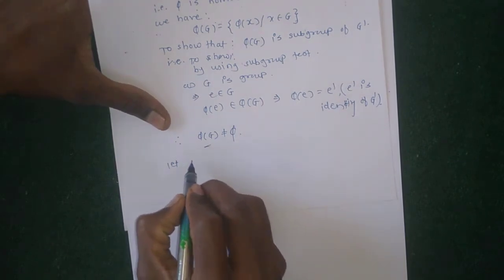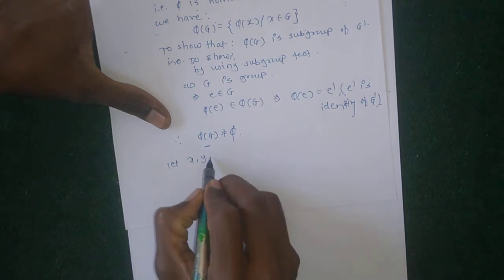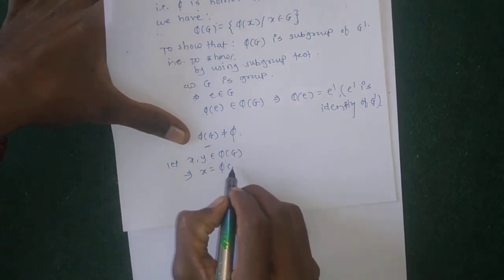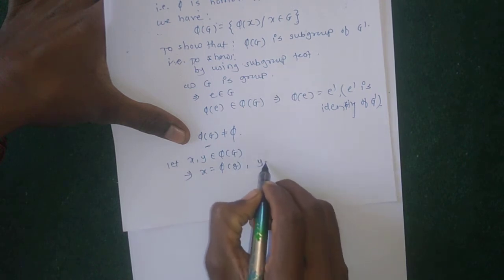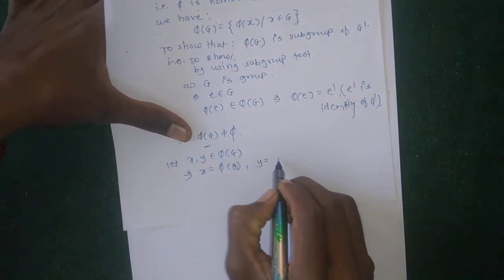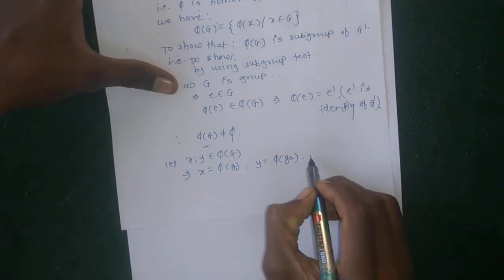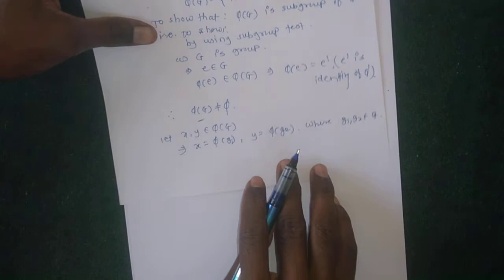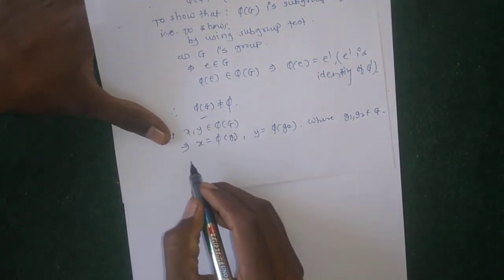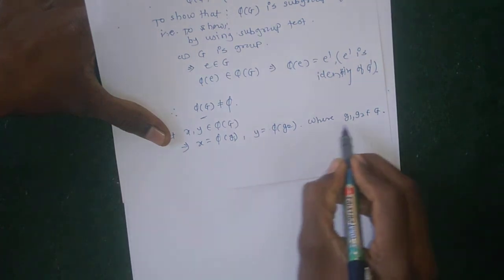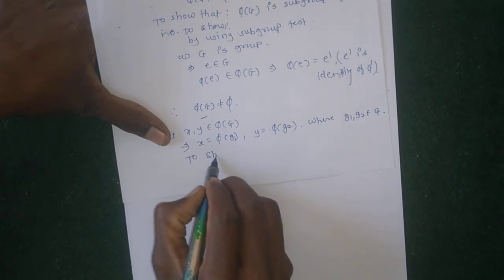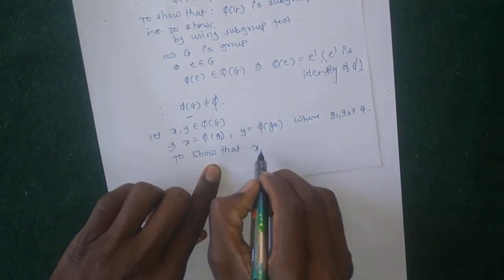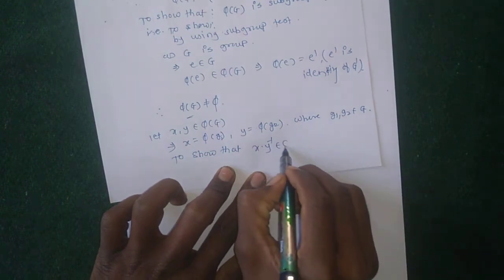Suppose x, y belong to phi of G, which implies that x equals phi of G1 and y equals phi of G2, where G1 and G2 belong to G. Then to show that x times y inverse belongs to phi of G.